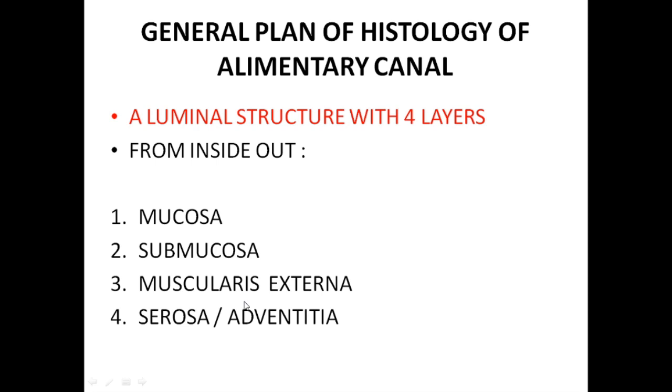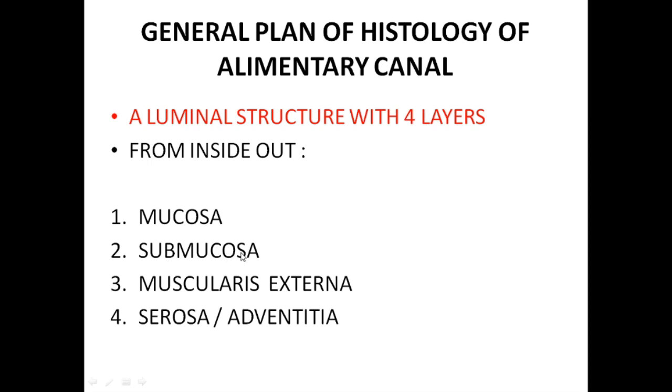Now, to decide the general structure of the histology of alimentary canal: it is a luminal structure with four layers. All the parts of alimentary canal will be luminal structures with four layers. Which are the four layers from inside out? First is the mucosa, the innermost layer.